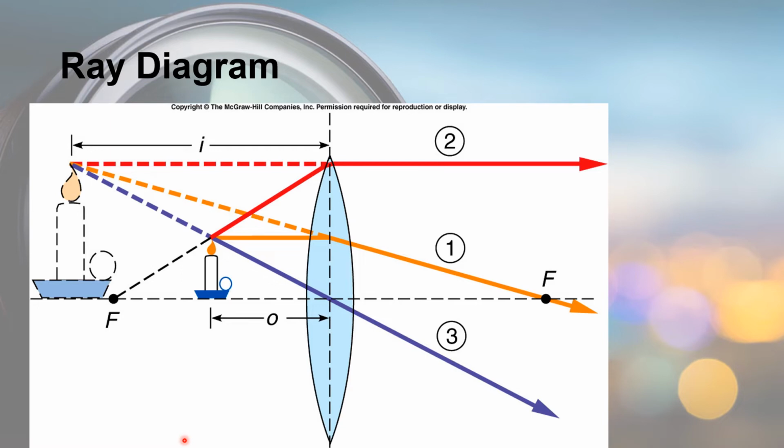Another ray diagram is demonstrated on the screen, where the object is located between the focal point and the lens. You will see that the different rays, ray 1, ray 2, and ray 3 produce this image, which is larger and upright.